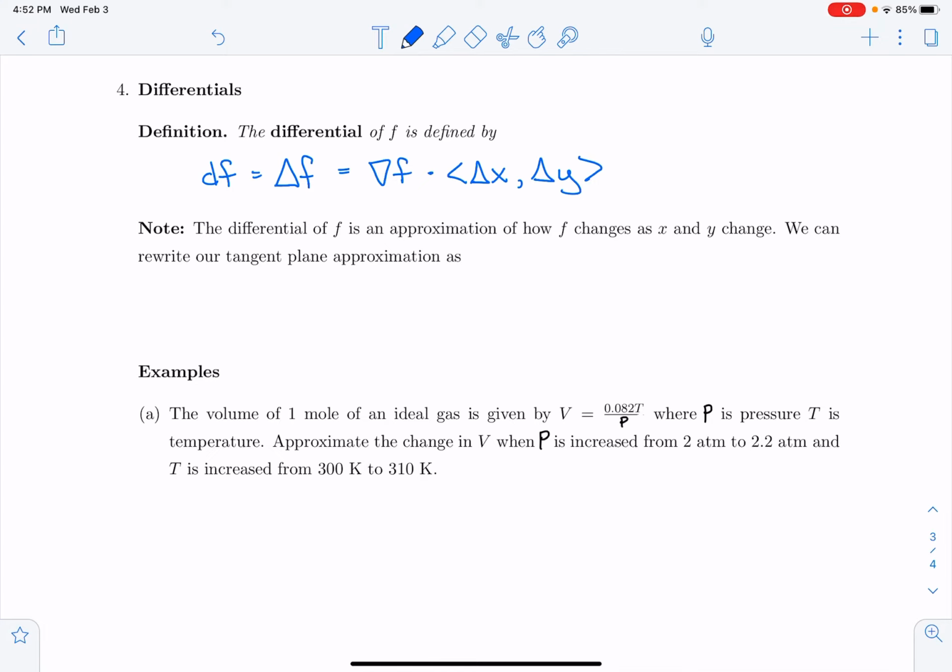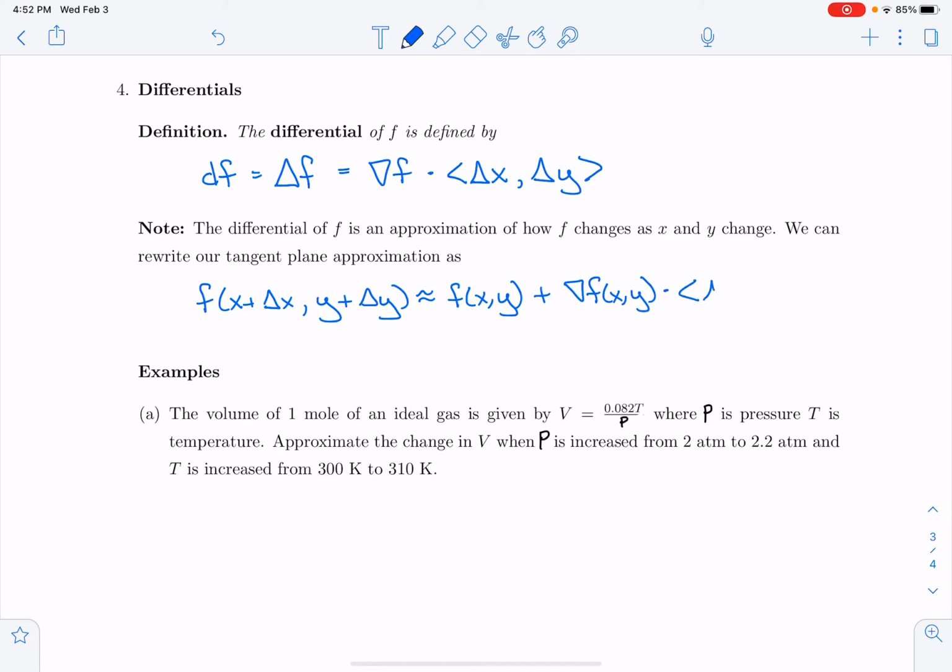So if we're trying to approximate something like f of x plus delta x and y plus delta y, then the linear approximation would say that would be f of xy plus the gradient of f at xy dotted with delta x, delta y.